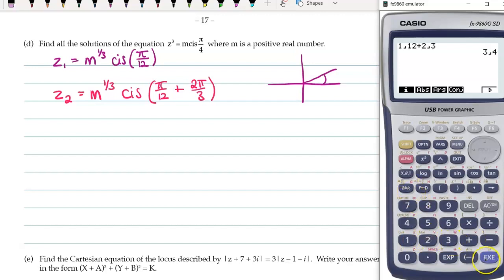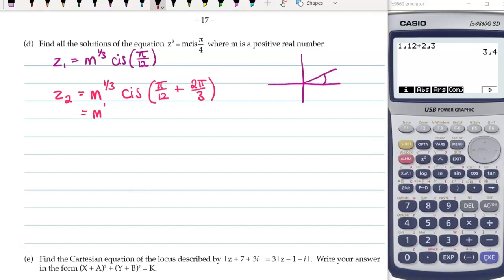Okay, so 1/12 plus 2/3 makes 3/4. So we have m to the 1/3 cis. Let's fix that up. That should have been a third. I think I wrote a half just before, so I fixed it now. It's m to the third cis, and then it's 3 pi by 4, so 3/4 of pi.